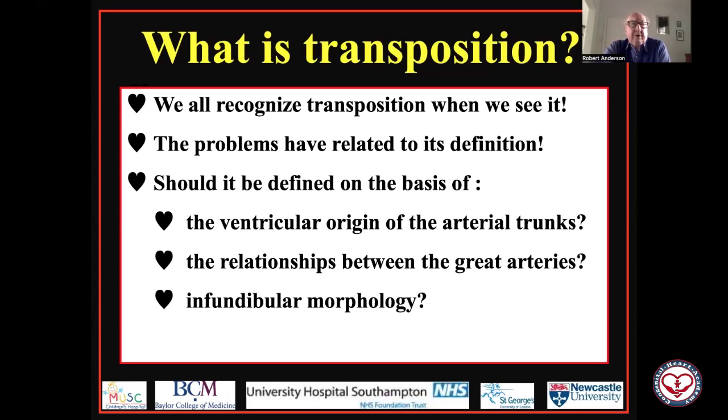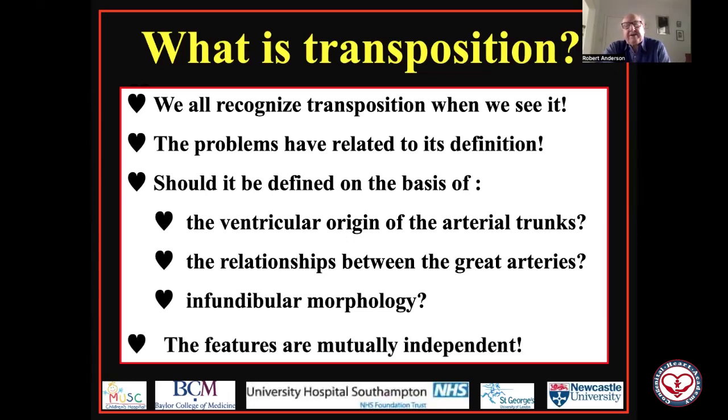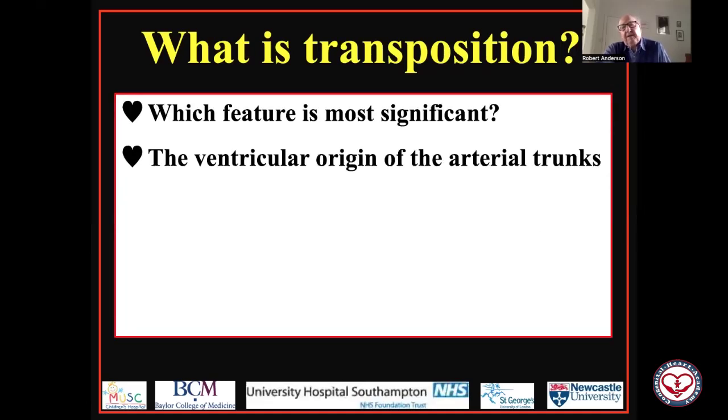Now, there's a problem in these things because they are not all there at the same time. The features are mutually independent. So the first thing we have to do is to agree amongst ourselves as to which is clinically most significant. I hope you will all agree with me that there is no question but that the most important clinical feature is the ventricular origin of the arterial trunks, because that is what makes the blood go round.